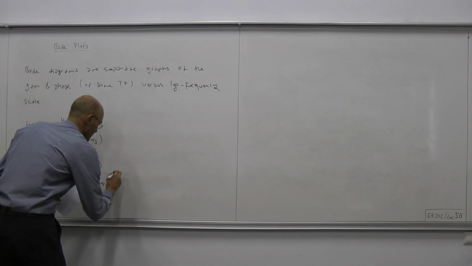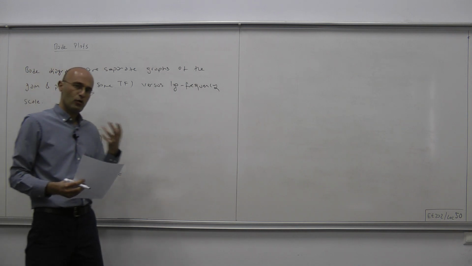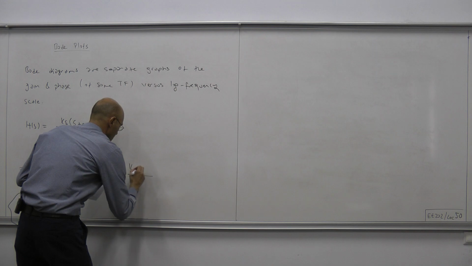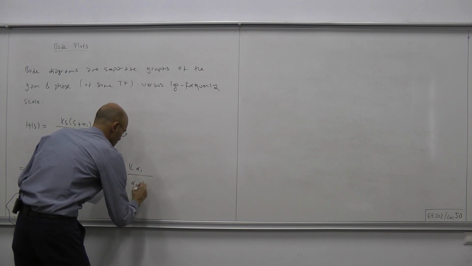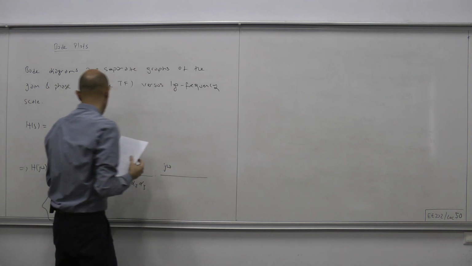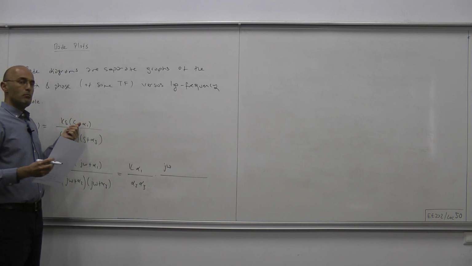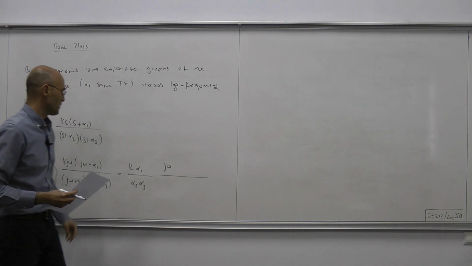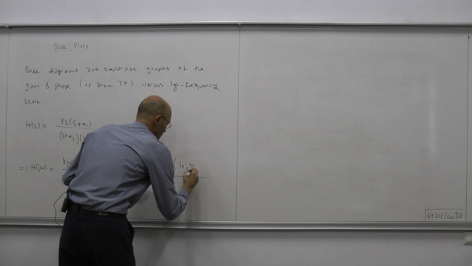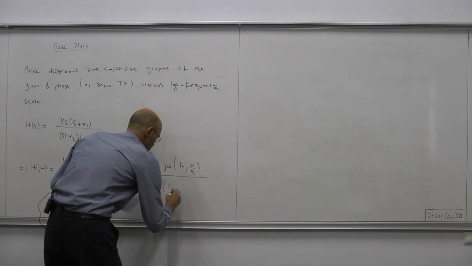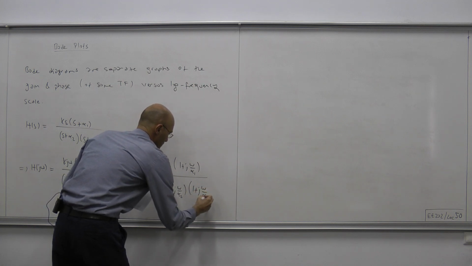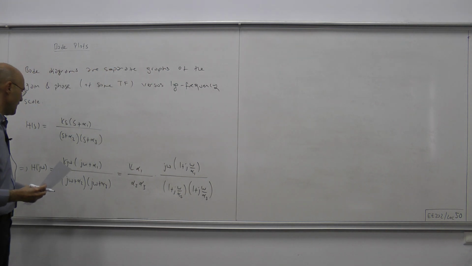Okay, now it turns out that it's better for our purposes to rewrite this in the following form: K over alpha 1 alpha 2 alpha 3 times j omega, and then all these terms, namely 1 plus j omega over something. Okay, so that 1 plus part is important. So we have 1 plus j omega over alpha 1 in the numerator, and in the denominator 1 plus j omega over alpha 2, and 1 plus j omega over alpha 3. Okay, so that's our H of j omega.